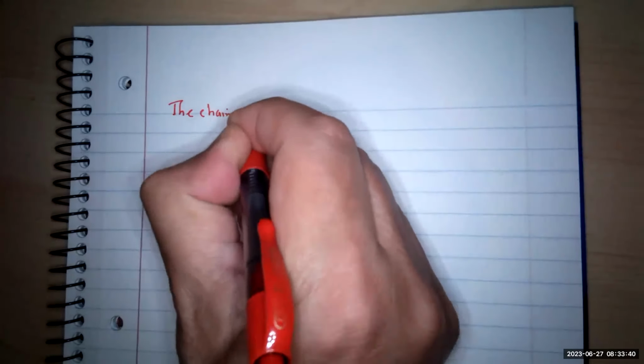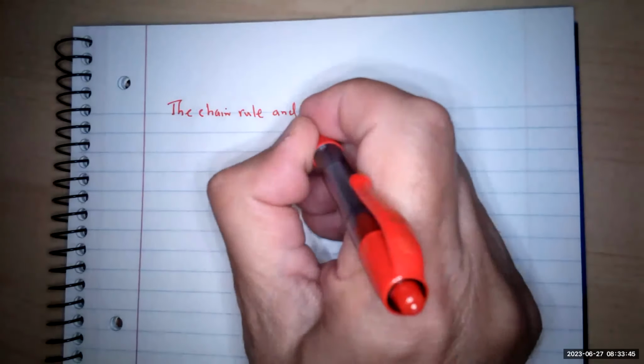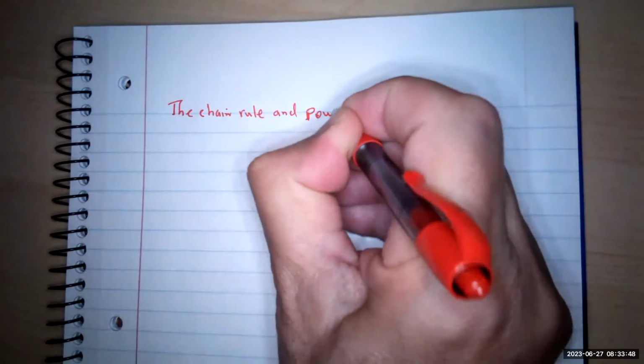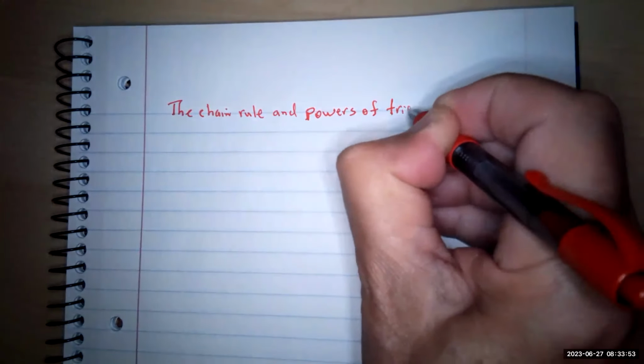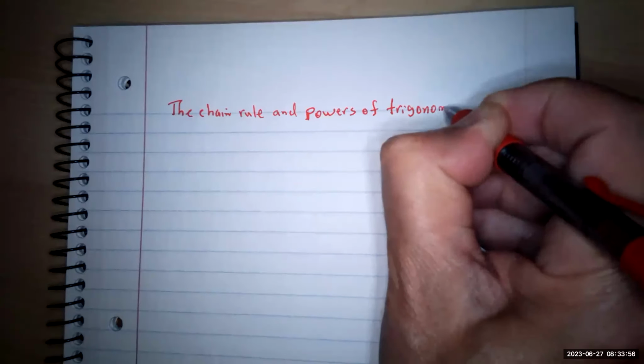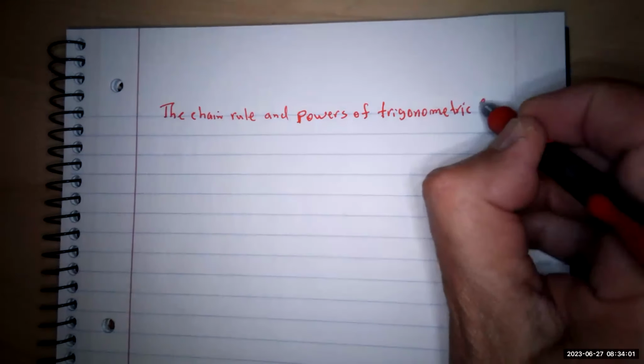So that would be the chain rule and the derivative of powers of trigonometric functions.